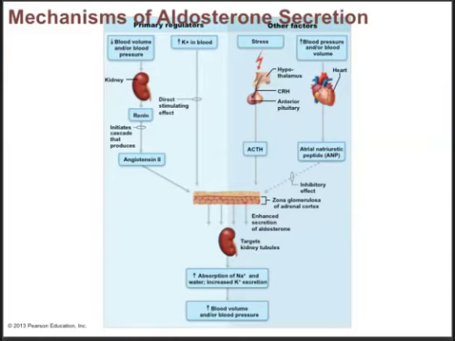Plasma concentrations of potassium also trigger its release. Increased potassium directly influences the zona glomerulosa to release aldosterone, and this will increase the potassium secretion in the kidneys. And ACTH causes small increases of aldosterone during stress. Atrial natriuretic peptide blocks renin and aldosterone secretion and decreases blood pressure.